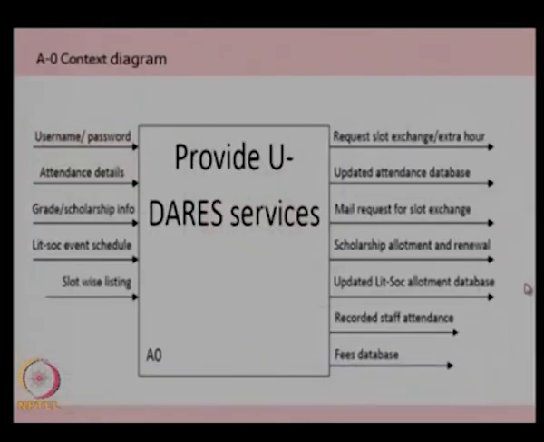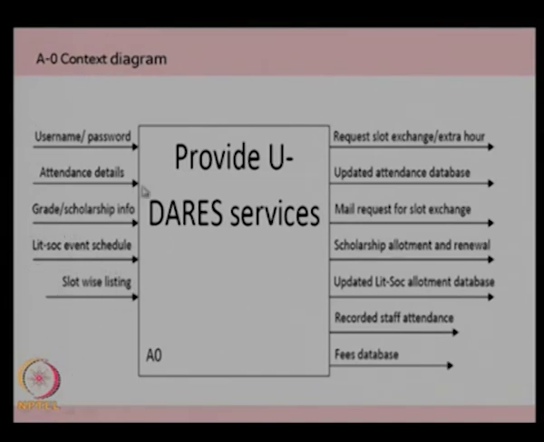Now if you look at the context diagram or the A-0 diagram of the IDEF0, you can see that the inputs and outputs are mentioned here. There are many kinds of inputs: the user interface in terms of password and username, the attendance details, the information regarding grades, scholarship and fees, other events schedule, and the slot-wise listing of courses.